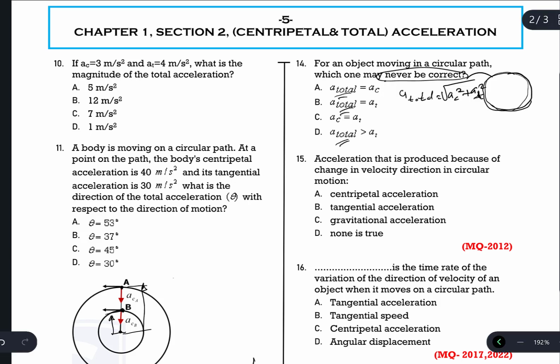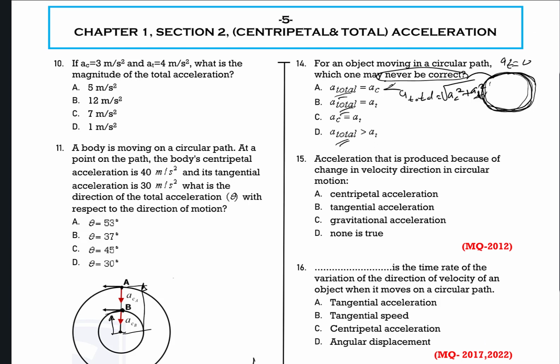But AT can be zero if the object is moving in a circular path with constant tangential speed. So A total equal to AC is possible, if AT is zero, which happens if an object moves in a circular path with constant tangential speed, that is, uniform circular motion.